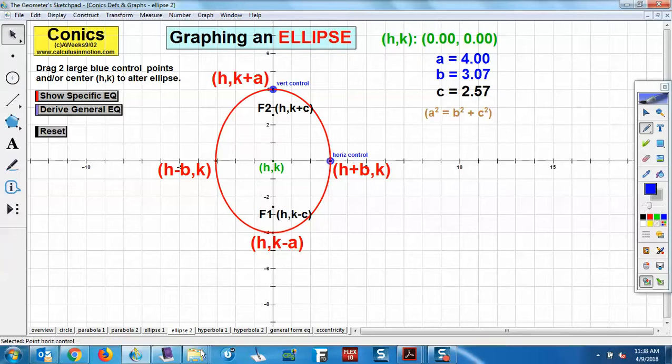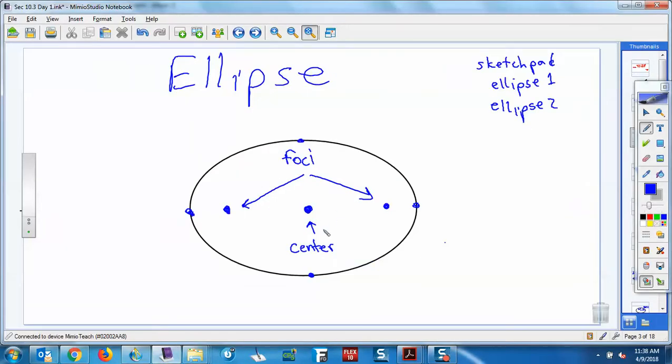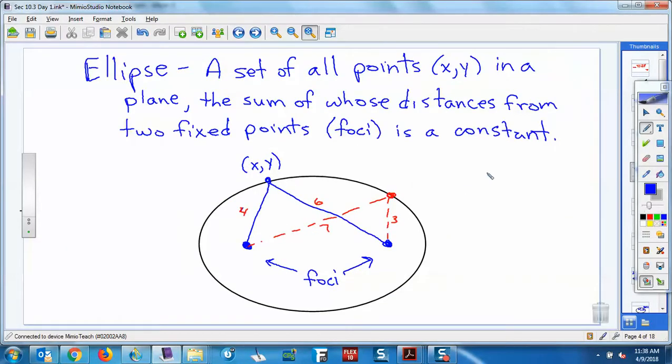So another thing you could write down here is the focus is always on the major axis. Actually, that should probably be foci. Foci.